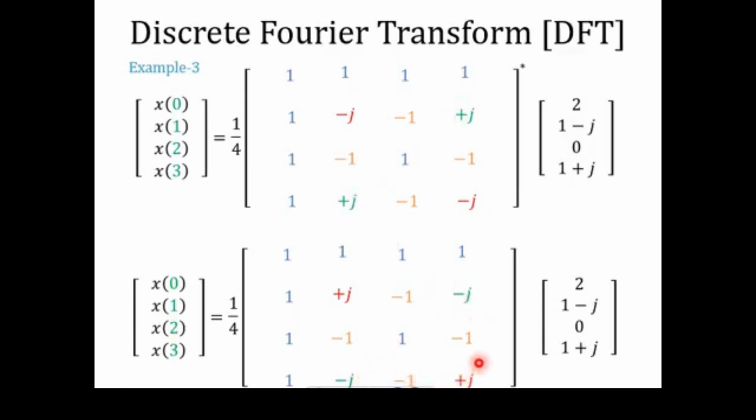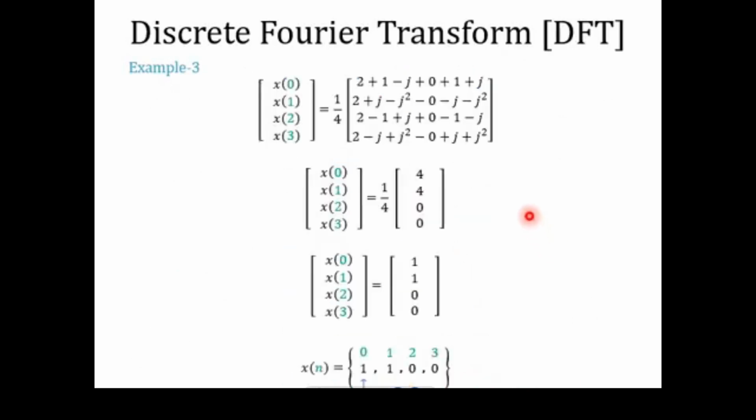Now, after taking the conjugate of the W4 matrix, we have to multiply this matrix with this vector. After multiplying the conjugate of the W matrix with the frequency domain vector, we will get these numbers, which can be then simplified to 4, 4, 0, 0.